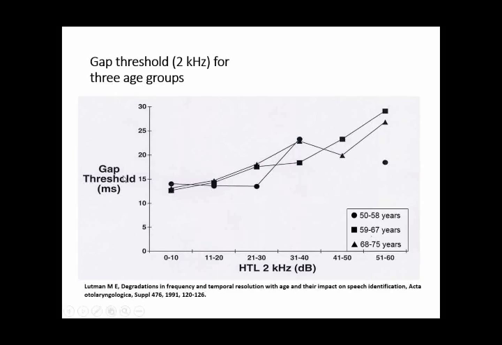Sorry, I should have said what was measured here is the threshold of a gap. Remember, the actual number is not so relevant because it really depends on the way that you measure it. But the relative effect, of course, is important. And you see that the effect of the hearing threshold loss is more pronounced than the effect of age.